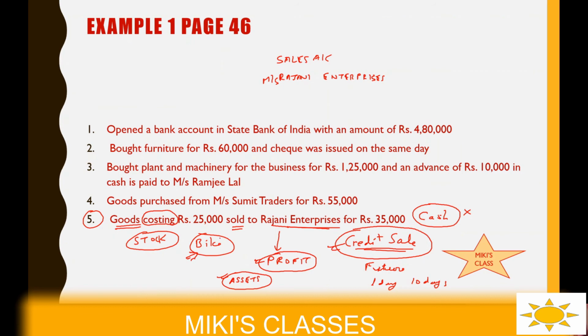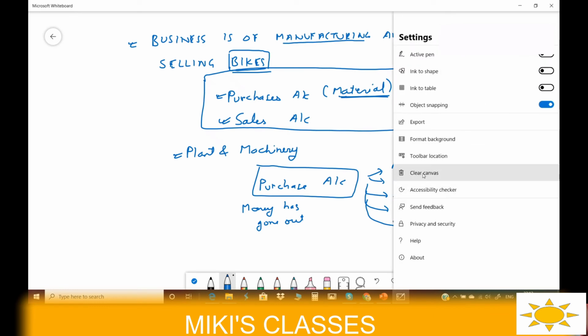I just try to clarify what I'm trying to tell you. Okay, just clear this off. Suppose we enter the business of buying and selling bikes. But we have bought some furniture.